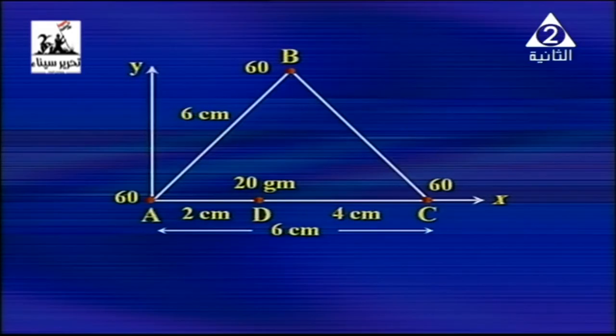Then look at, dear student, the opposite figure represents the lamina ABC. Its weight is 180.